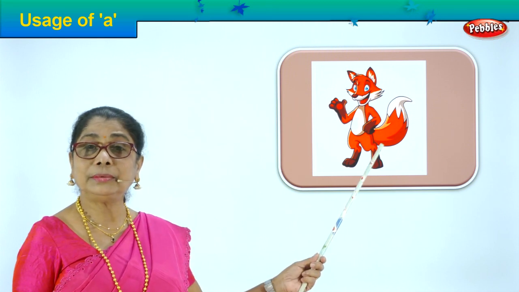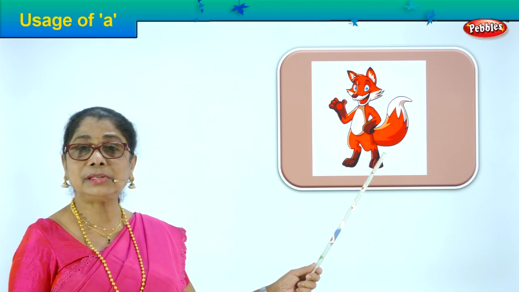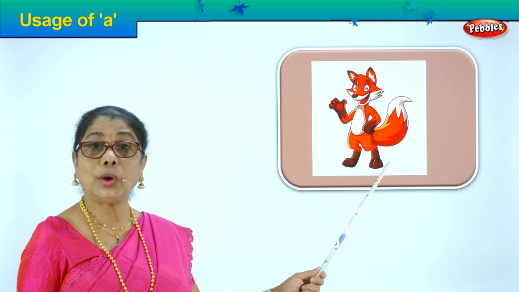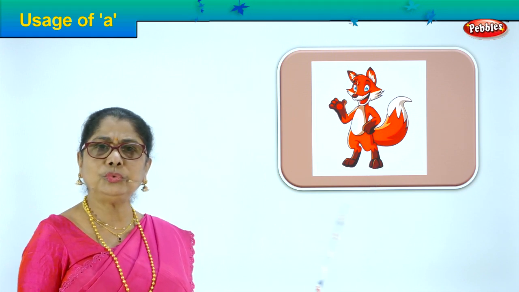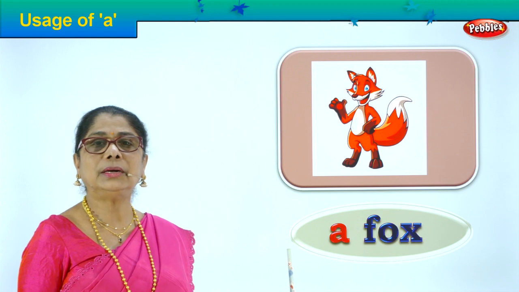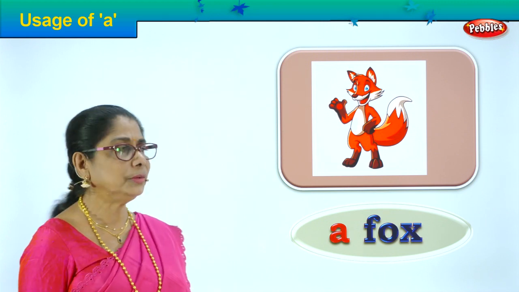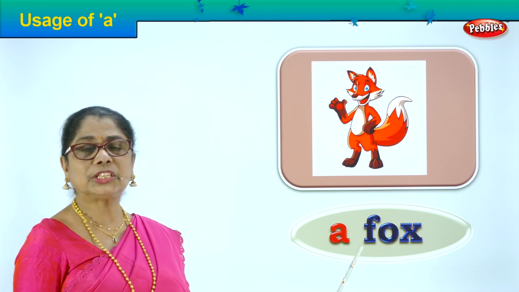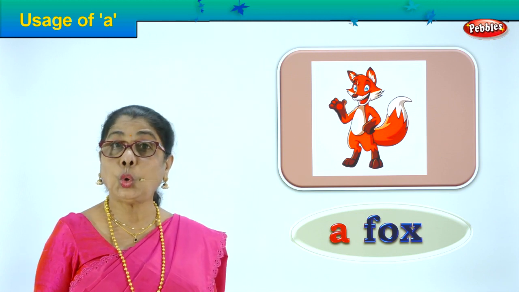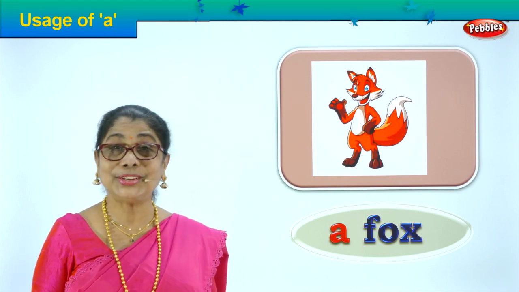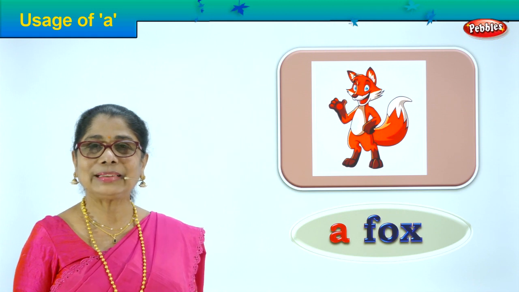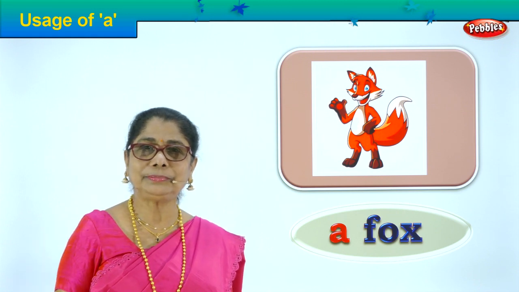How do you spell fox? F-O-X, fox. What will you use before the word fox? A fox. Good. Spell fox. F-O-X, fox. Good. Shall we go to a new picture?